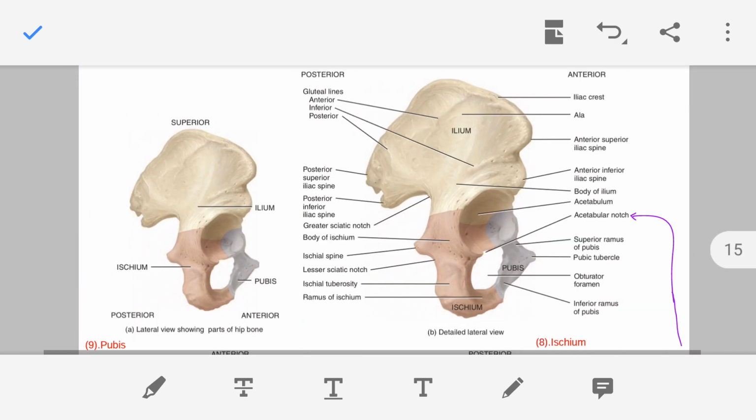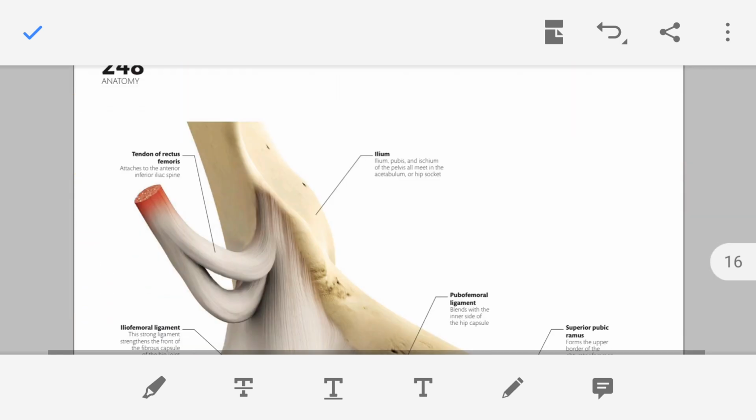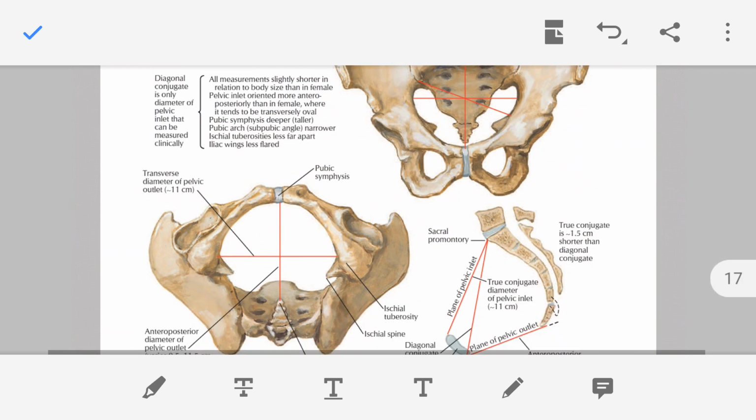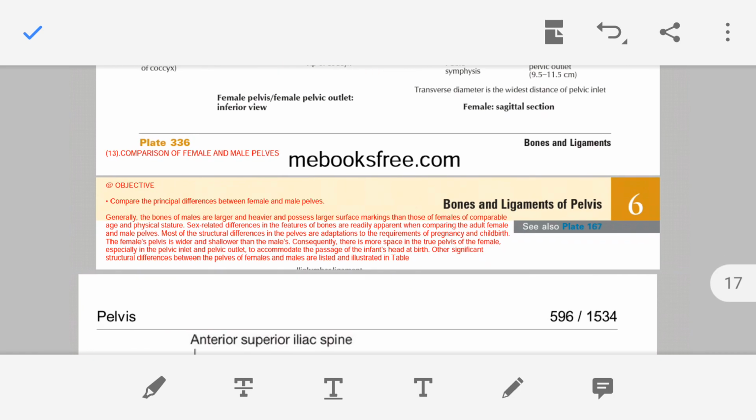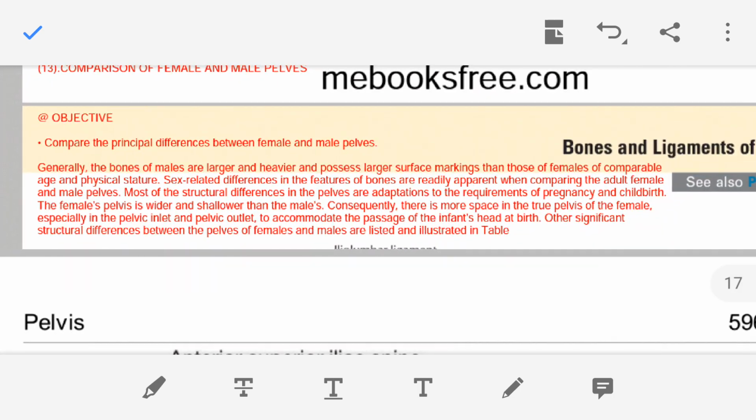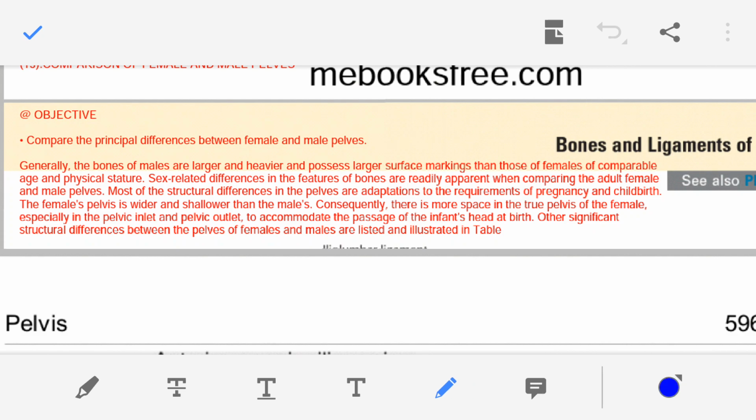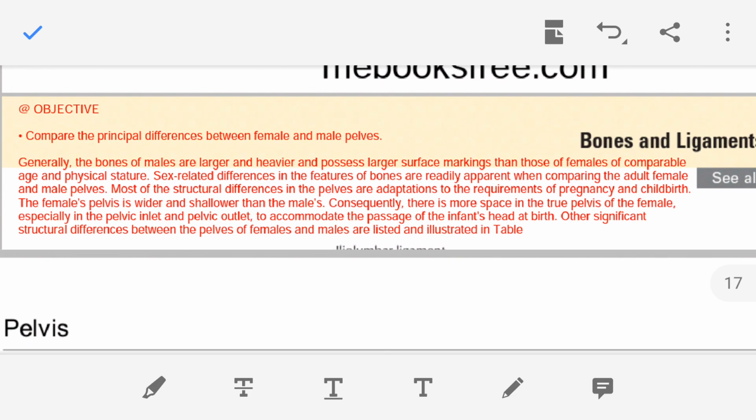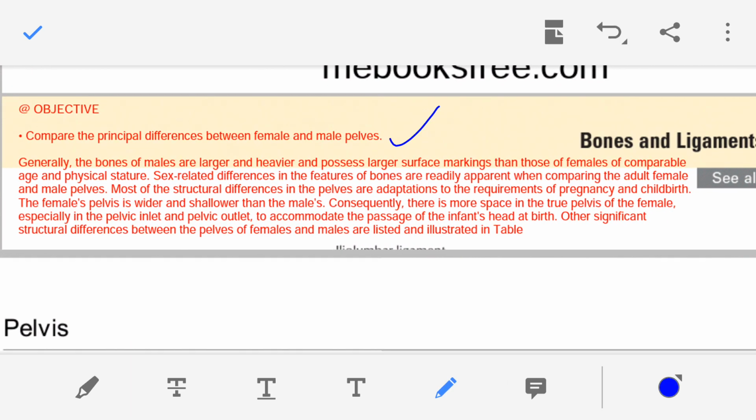Now, moving on to the last point of our discussion. Here we are comparing the female and male pelvis. There are so many things written here, and you can go through and read this point, but I will directly explain it.